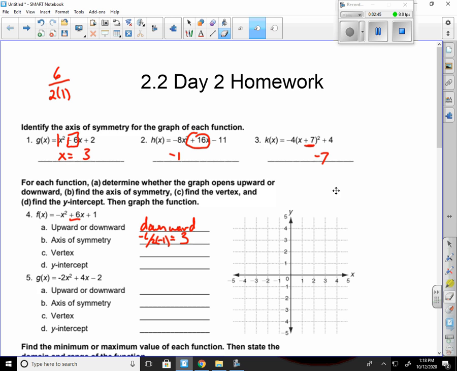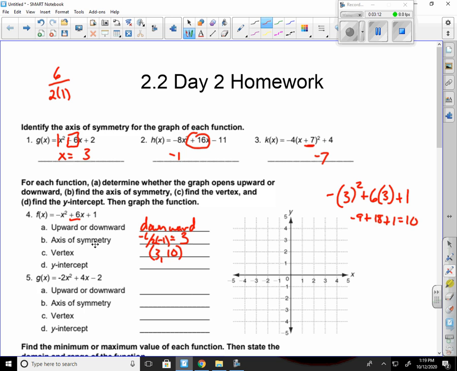Now it's negative 3 squared plus 6 times 3 plus 1. 3 squared is 9, so it's negative 9 plus 18 plus 1, which is 10. So my vertex is at 3, 10.